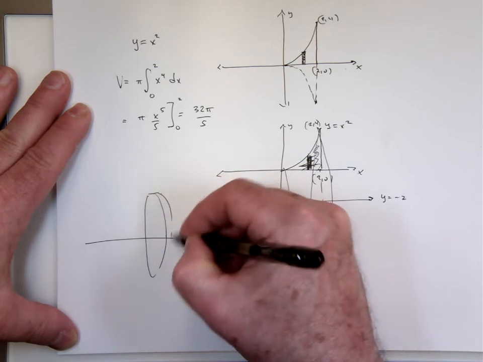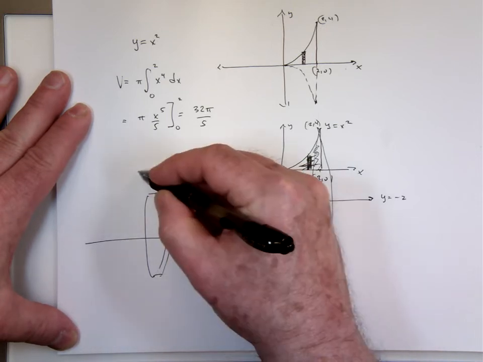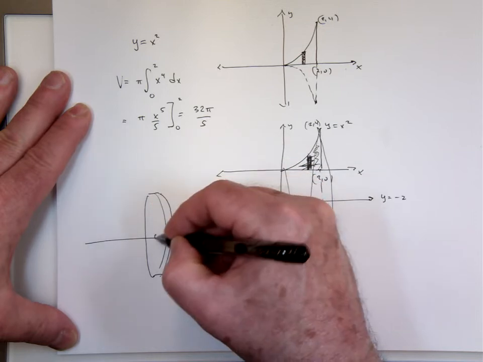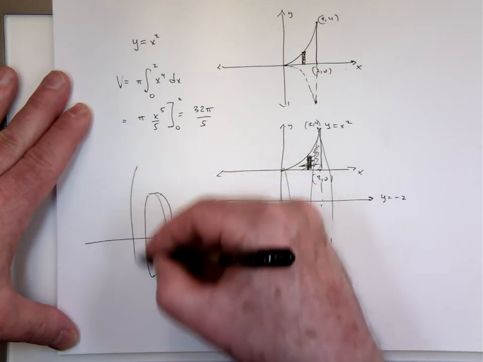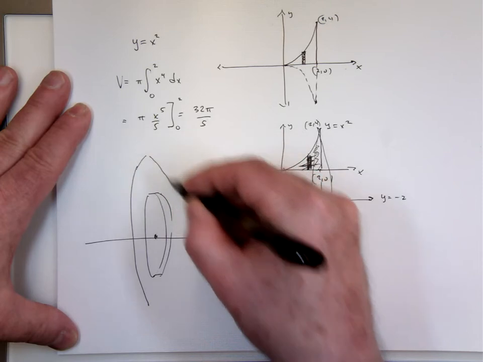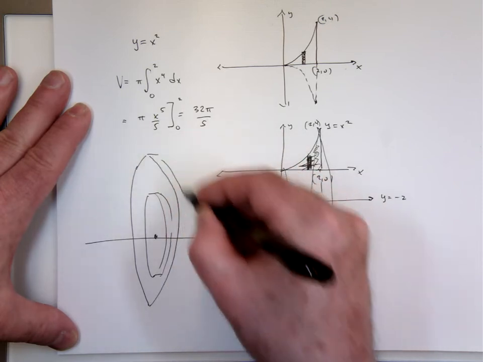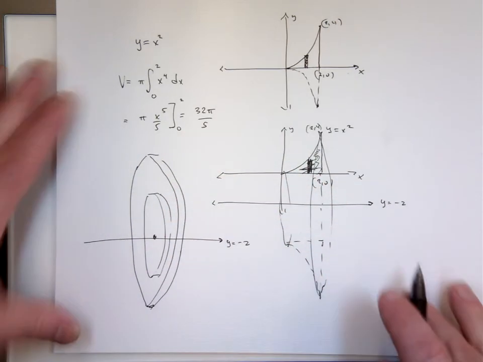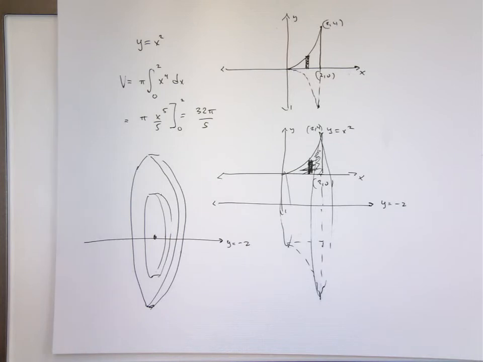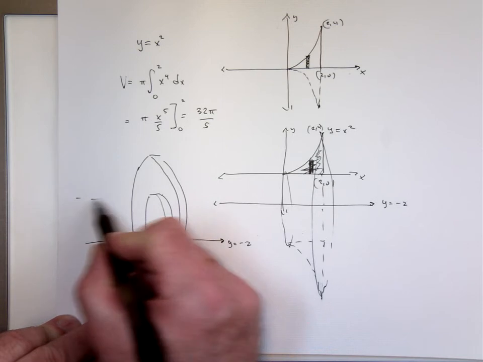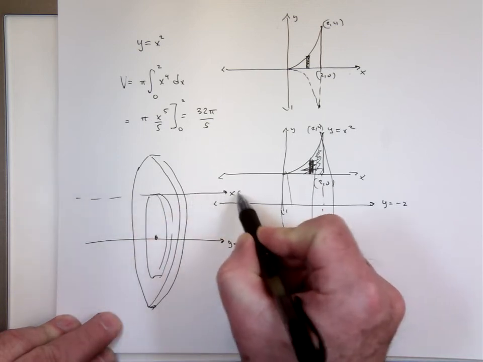Let's say if I can draw this here. If I can draw this, I will be good. I will get something like this. This is my x-axis up here. This is my rectangle.